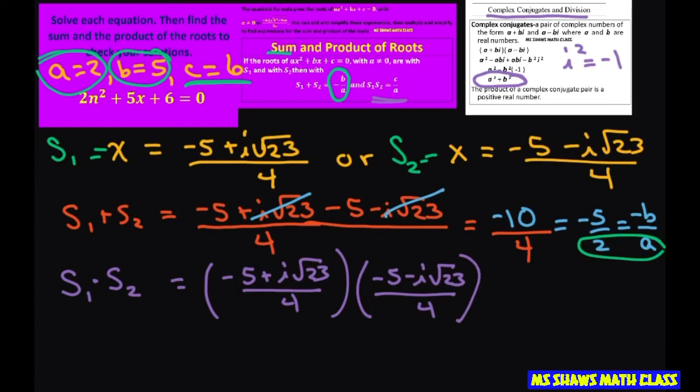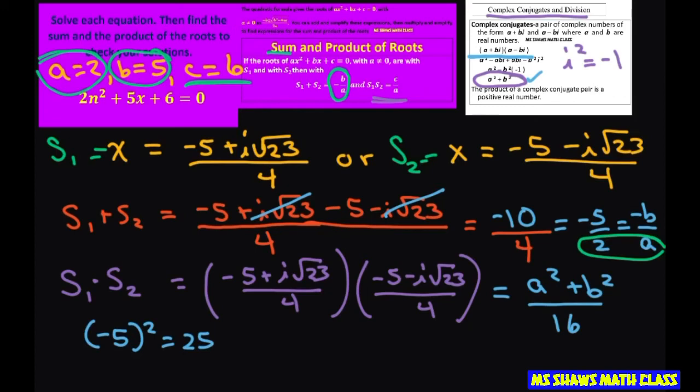When you multiply the denominators, you're going to get 16. Now I'm going to use this formula here because this is what we have. Our a is negative 5, so basically what I want to put here is a squared plus b squared. Our a is negative 5, so square that. That gives you 25.